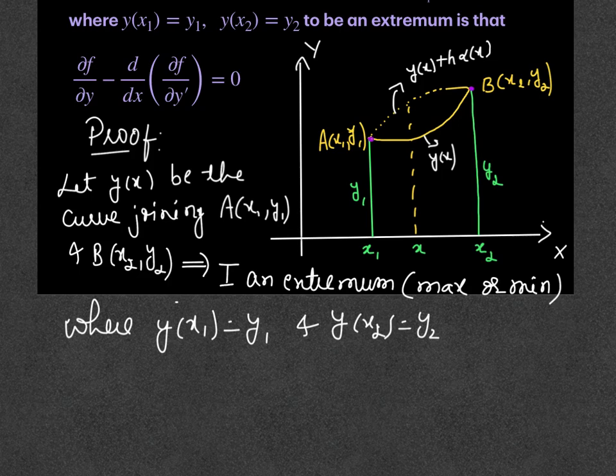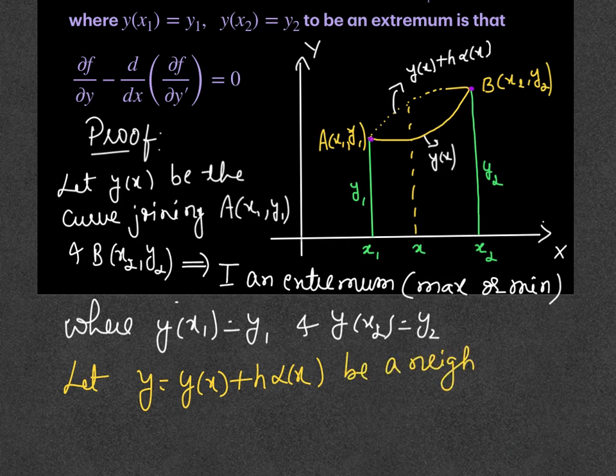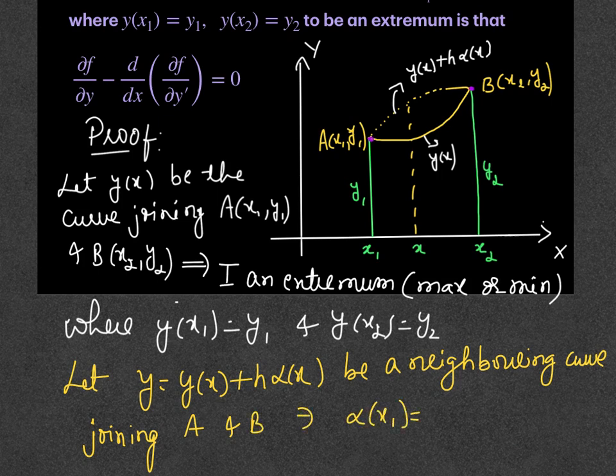So let y equal to y of x plus h alpha of x be a neighboring curve joining the same points A and B, such that alpha of x1 is equal to 0 at A, alpha of x2 equal to 0 at B. That's how the curve was constructed.